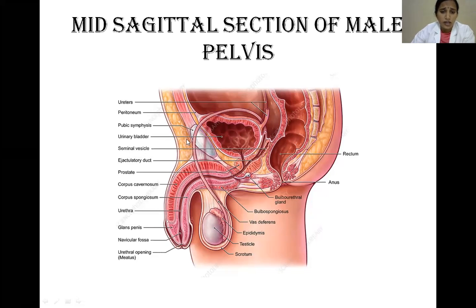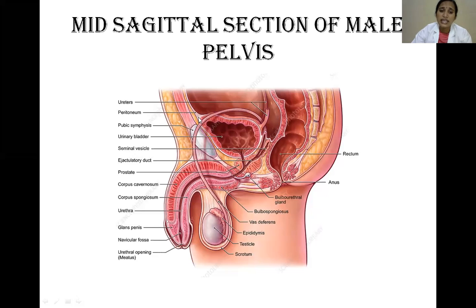Next, this is the pelvic cavity. Within the pelvic cavity, you are going to see the pelvic viscera. As it is a male pelvis, the first structure just behind the pubic symphysis will be the urinary bladder. This is the bladder, and this is a fold of peritoneum connecting the bladder with the umbilicus.